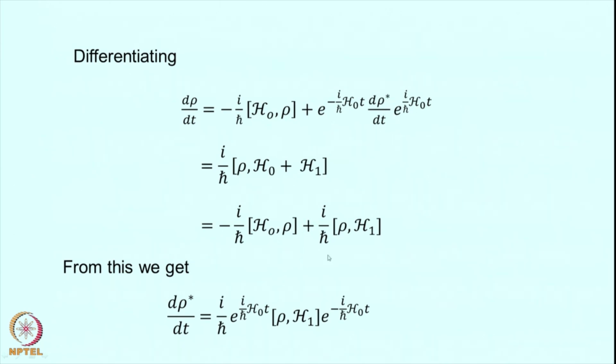And on the right-hand side, what will happen? These ones will appear as they are, as we did the multiplication. i/ħ will be there, and the left-hand multiplication will give me e^(i/ħ H0 t), and the right-hand side multiplication will give me here e^(-i/ħ H0 t). Therefore, you get an equation for dρ*/dt equal to i/ħ. You can put this whole thing in a bracket here.